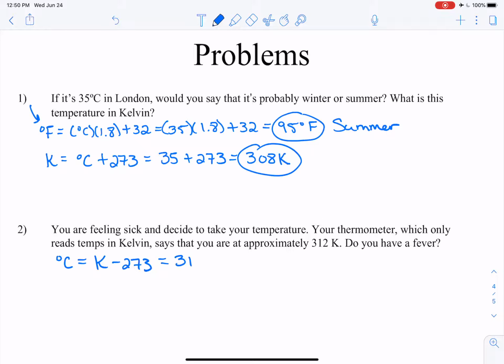We have 312 minus 273, and that gives us 39 degrees Celsius. Now, at this point, people who are used to degrees Celsius might be able to answer the question if they know what normal body temperature is in Celsius.